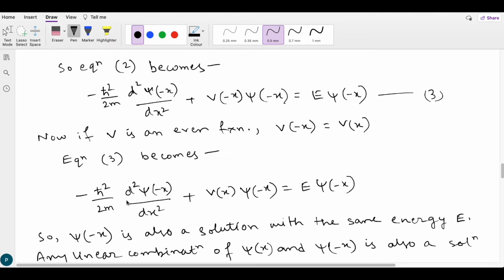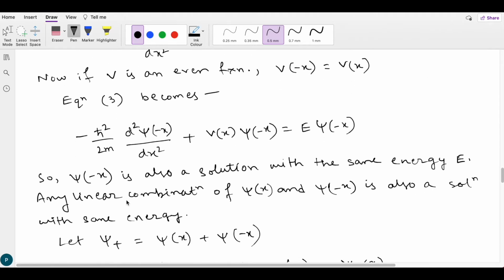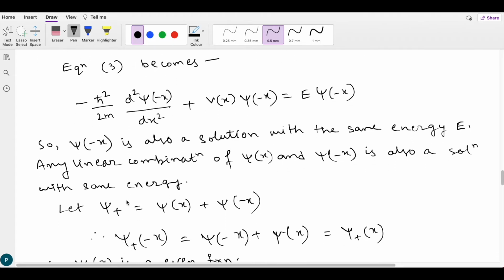Now if V is an even function, we know that V of minus x equals V(x). So put that in equation 3. Equation 3 becomes minus h cut square by 2m d2 psi of minus x by dx square plus V(x) psi(minus x) equals E psi(minus x).